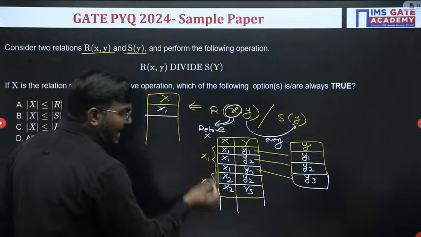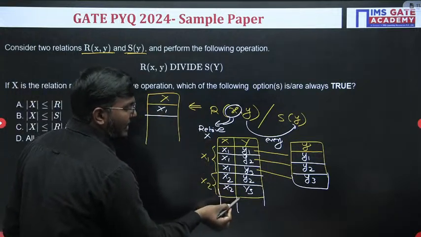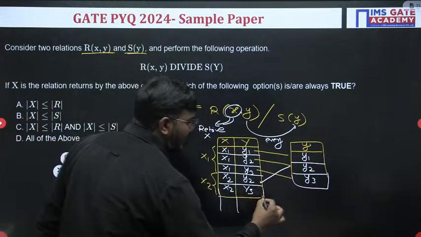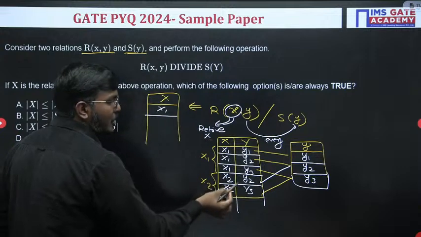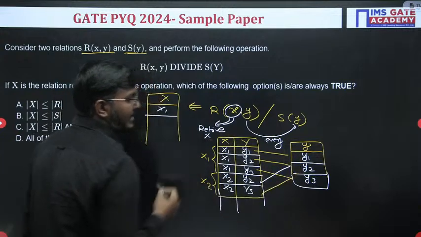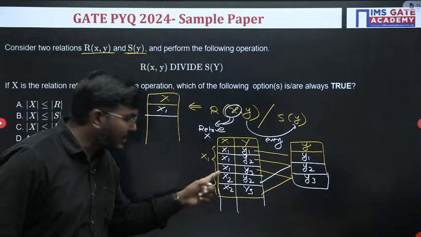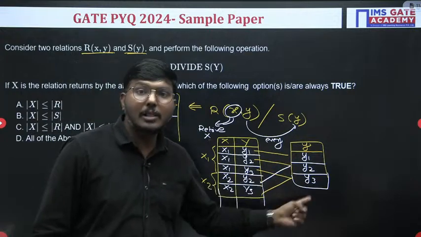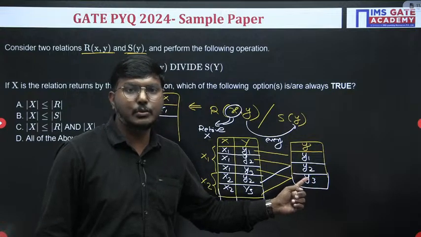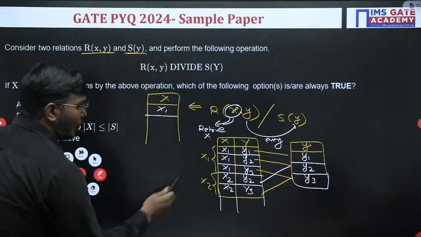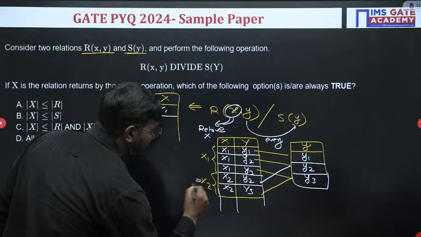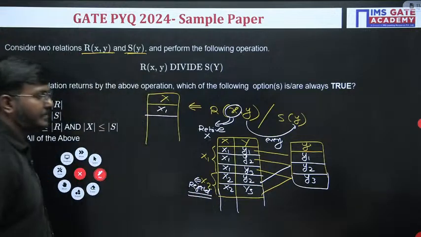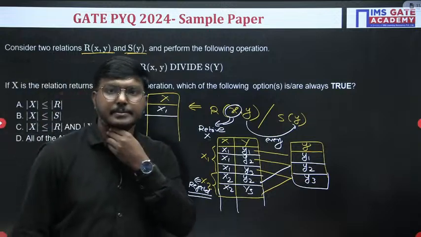Because for this x2, one y value matches y2 and another matches y3, but the y value is not matching y1. It means for this x2, the y values do not match all the y values of the denominator. So this x2 will be rejected. Getting my point?